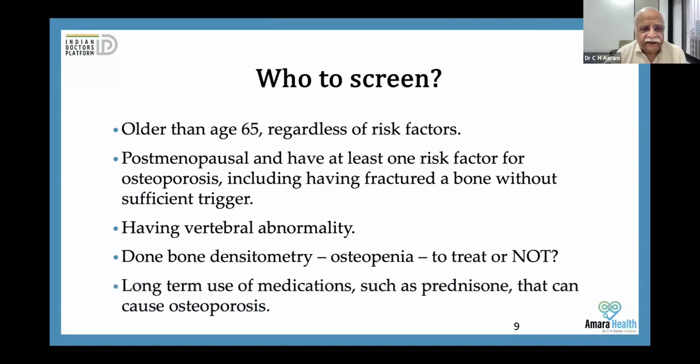Long-term use of medications such as prednisolone that can cause osteoporosis, drugs like azathioprine, methotrexate, which can cause osteoporosis, you must do beta crosslap assay.